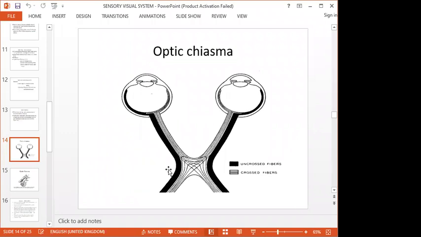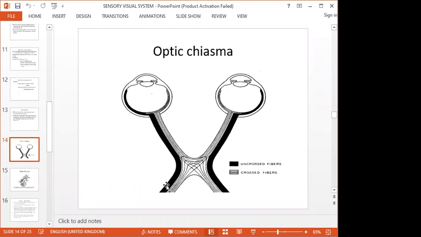So fibers arising from the medial retina, when they reach the chiasma, cross over to join temporal fibers from the opposite side. So in the chiasma, there is crossing.